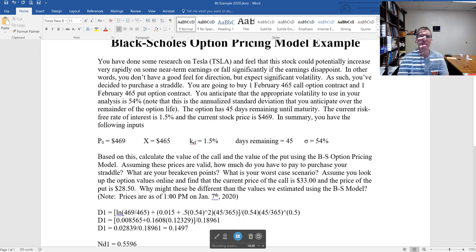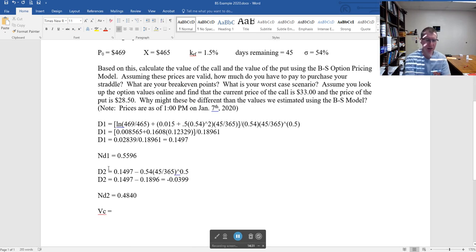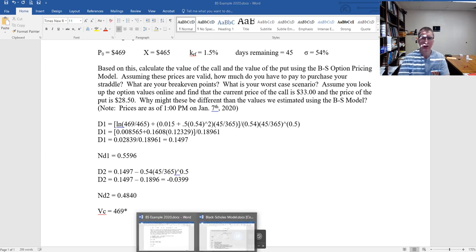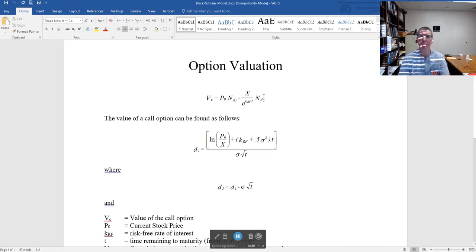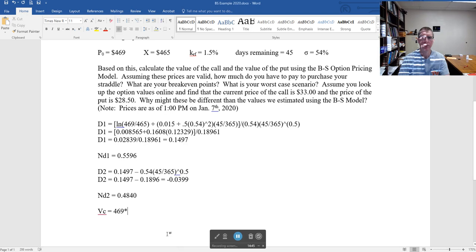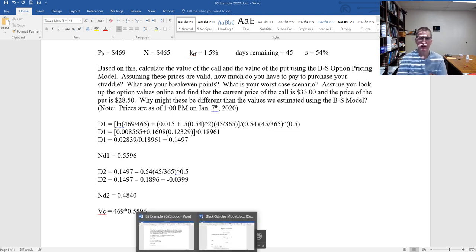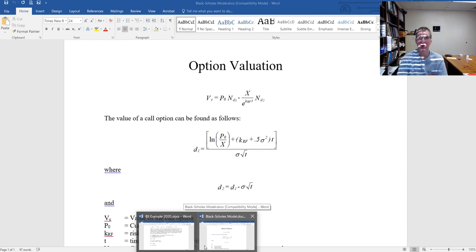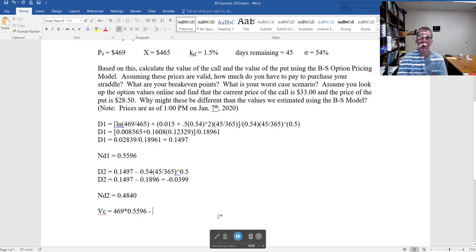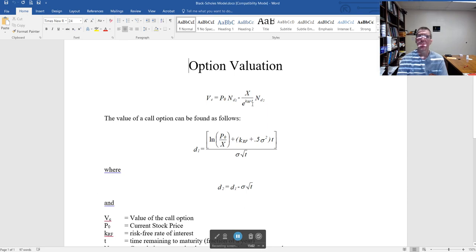The value of the call is equal to the stock price, $469, times ND1. And just to recap, that's coming from this formula right here. Minus the present value of the exercise price with continuous compounding. And so that is the strike price divided by e to the risk-free rate times time.